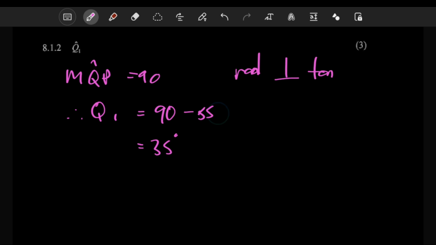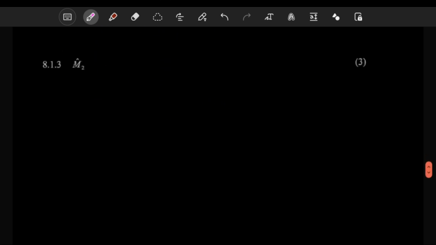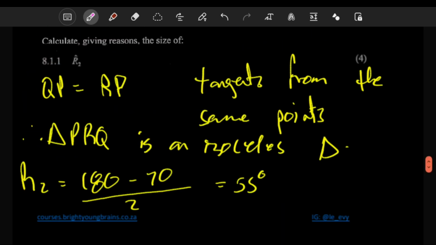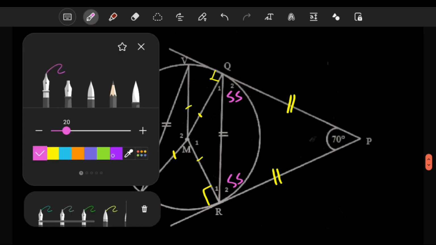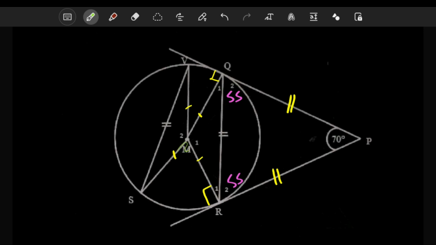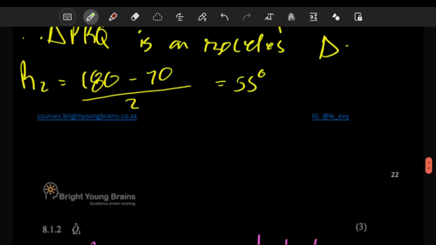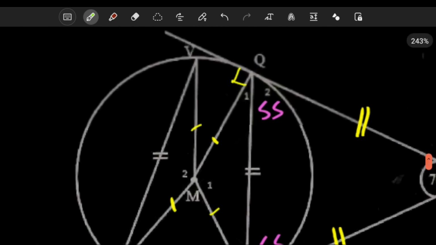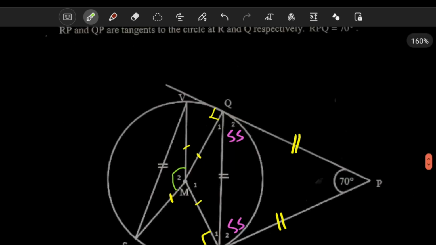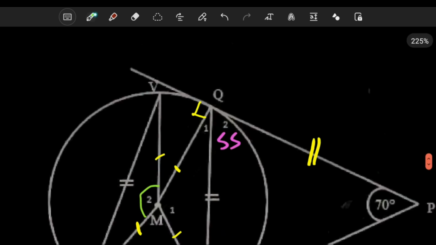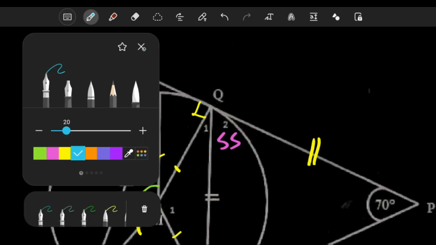Okay, we keep moving forward, because why not? Once they give you good stuff, you take it. M2 is what they want next. This is normal for your exams: you're going to get a Euclidean geometry question that has angles and stuff. Now they want M2. Sounds like the name of some highway. It doesn't look like it's going to take a long time to get M2, because remember, whatever you get, write it out. So here we got 35.